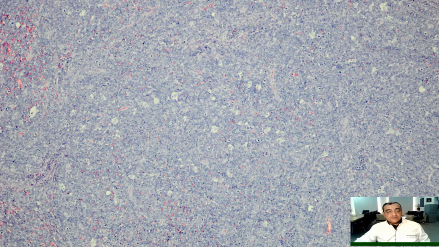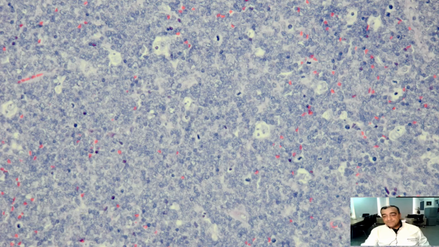On this power field, the tingible body macrophages, which cause the so-called starry sky appearance, can be mistaken for Burkitt lymphoma, but not in this case, because in Burkitt lymphoma we have large neoplastic cells, but in this case we have small to medium-sized neoplastic cells.